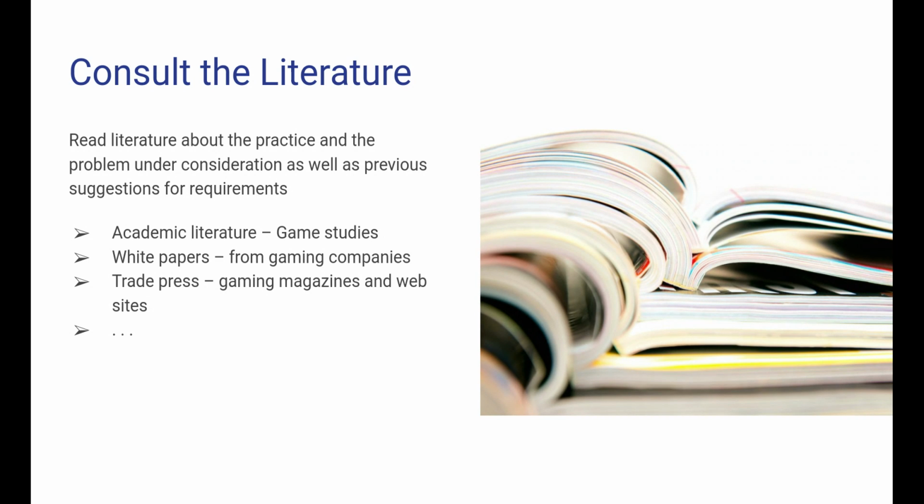It can be any source, it can be academic literature from the discipline of game studies. It can be white papers, say from gaming companies. It could be more generally about trade press, such as gaming magazines and websites. And it could come from many different other sources also.